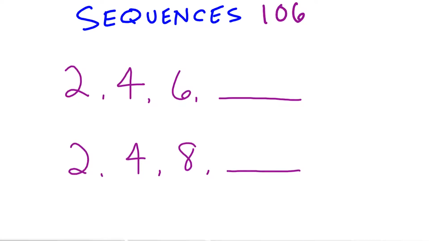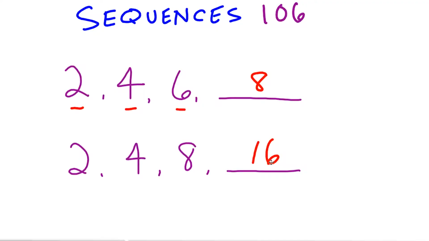Let's take a look at what a sequence is. On the board, you can see the numbers that I have. 2, 4, 6, 8. 2, 4, 8, 16. Those are two sequences. They're an array of numbers. What did we do for the first sequence? Well, we added 2.